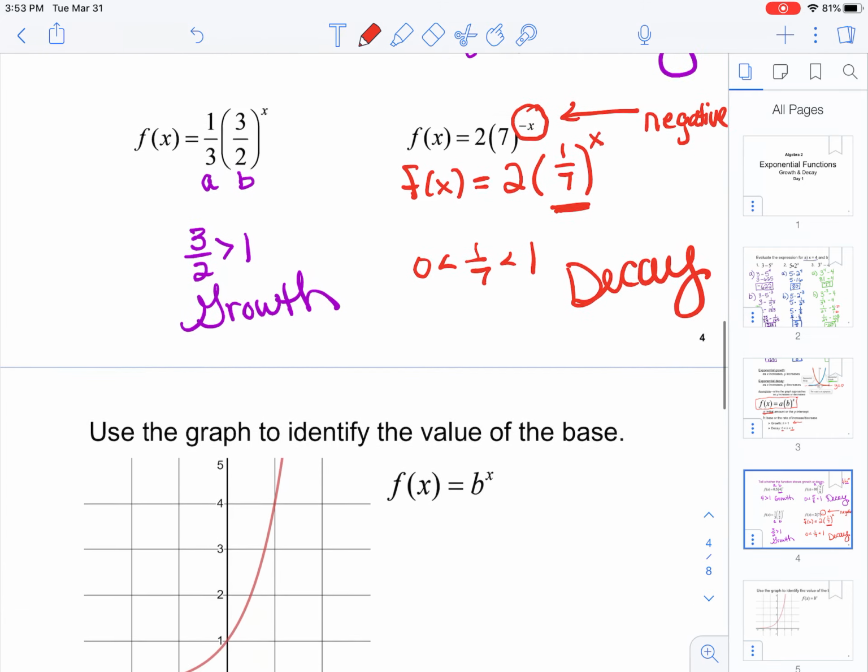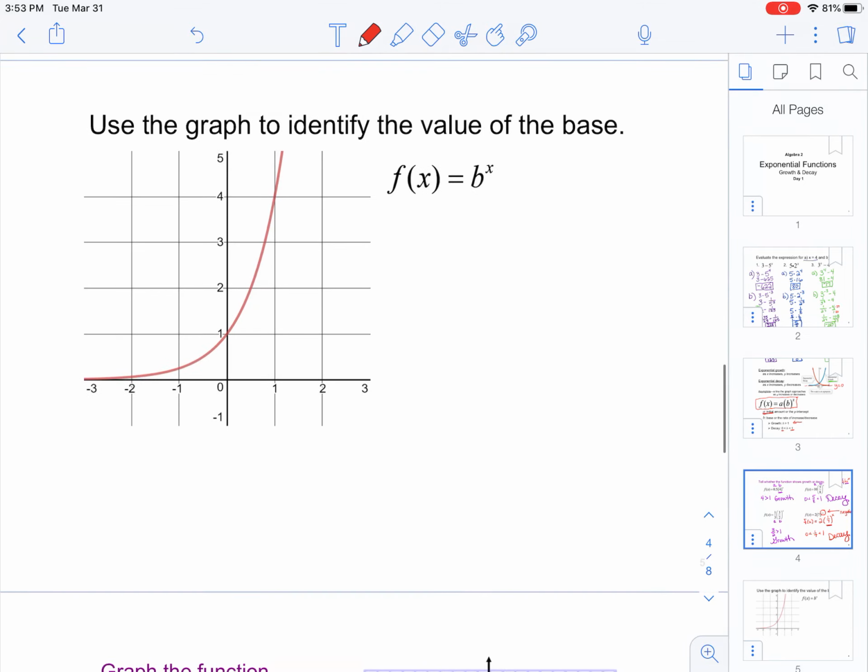All right. Now, use the graph to identify the value of the base. Okay, so what we're going to do is we're going to make an XY chart. And I'm going to write in some of the values that we know. Well, right here, we know 0 and 1, which means b to the 0 should equal 1. Yep, that is true.